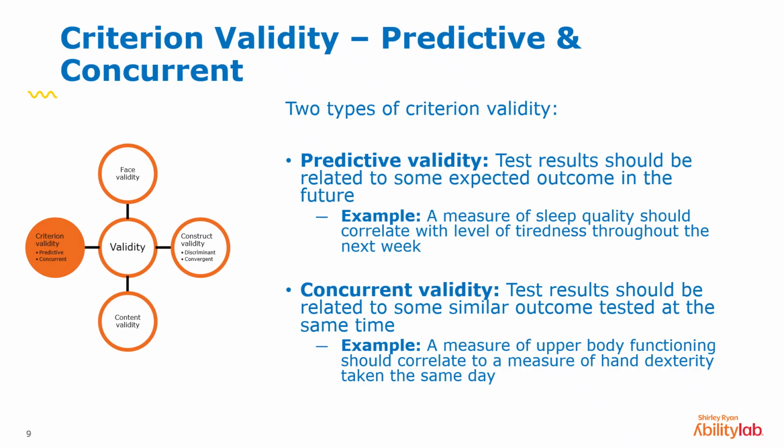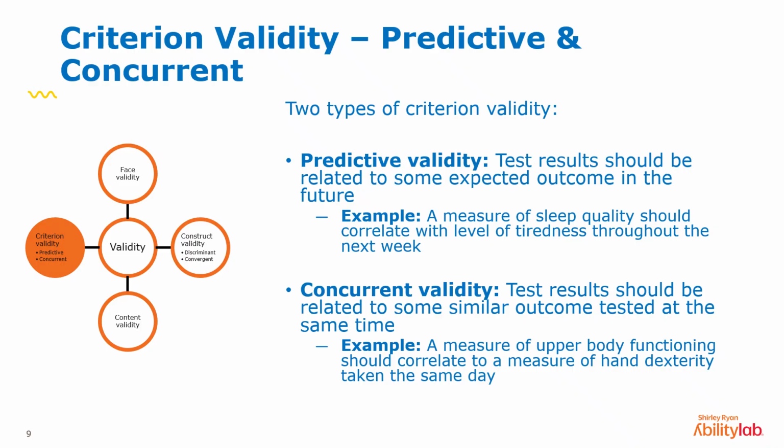Concurrent validity is the extent to which test scores correlate with scores on another gold standard measure taken at the same time. Test results should correlate to some similar outcome. For example, a measure of upper body functioning should correlate with a measure of hand dexterity taken during the same physical therapy session.